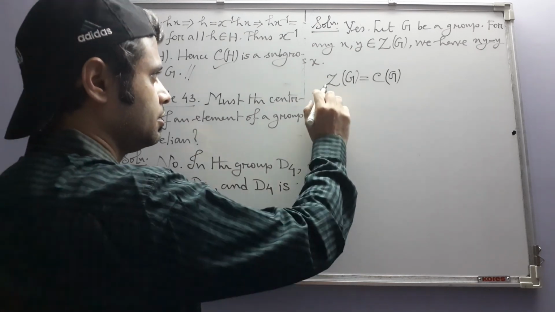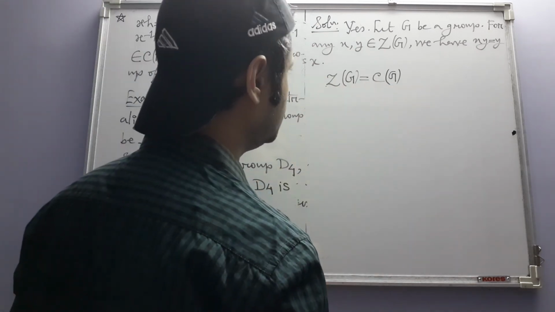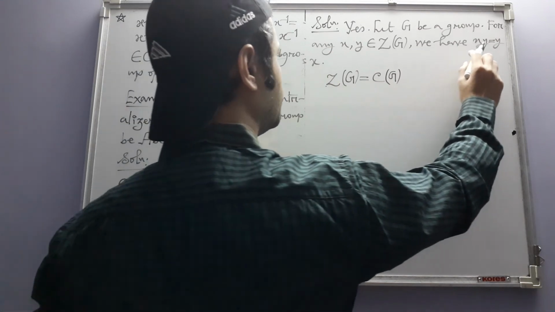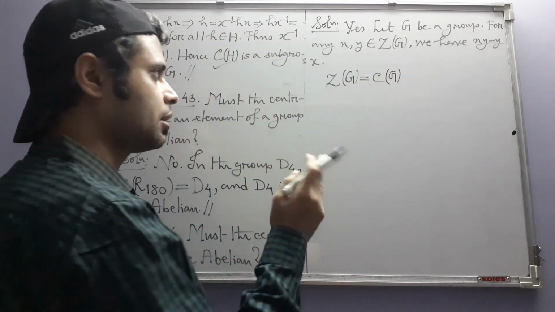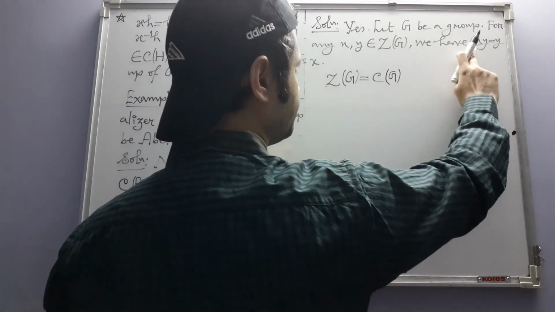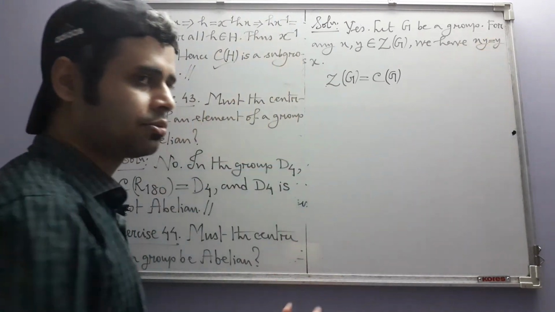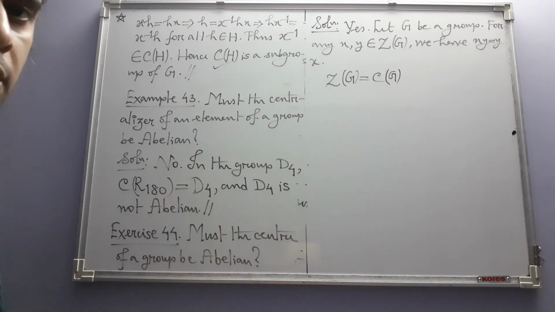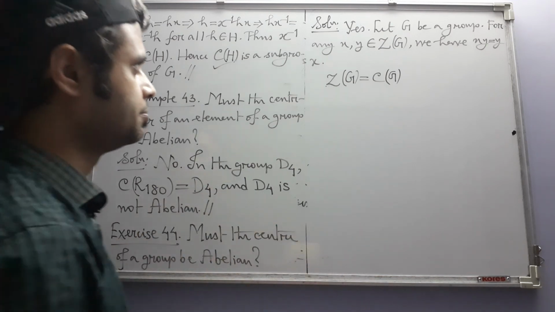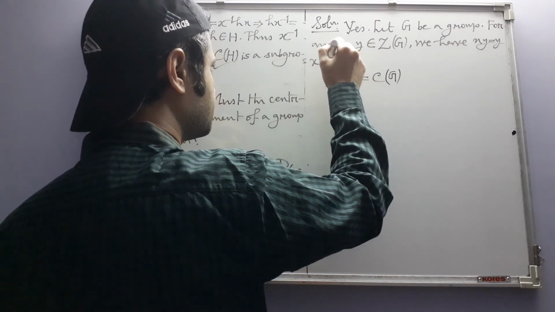So yes, Z(G) is equal to C(G). So you can see that because x is a central element, y is also a central element, but we only need one. So xy must be equal to yx because x commutes with all the elements of G. In particular, it will also commute with y.